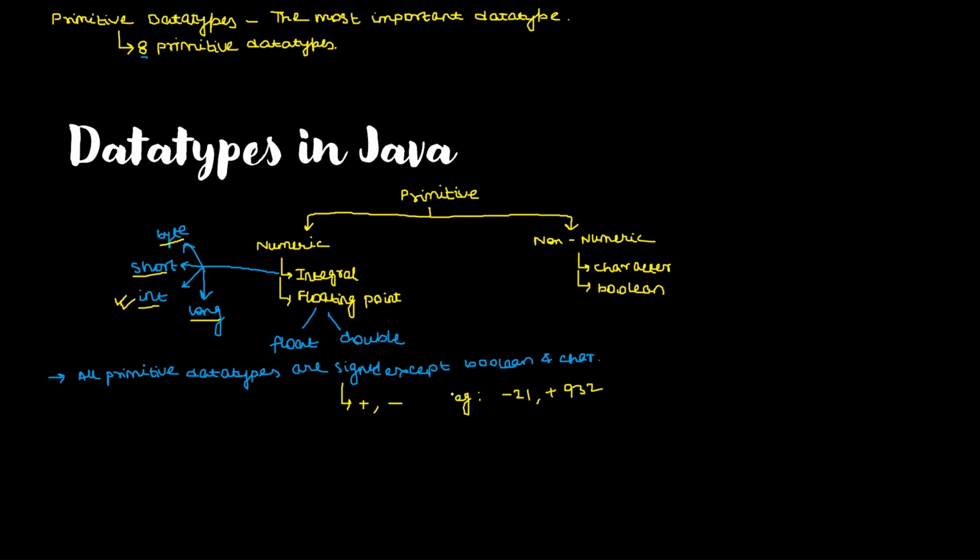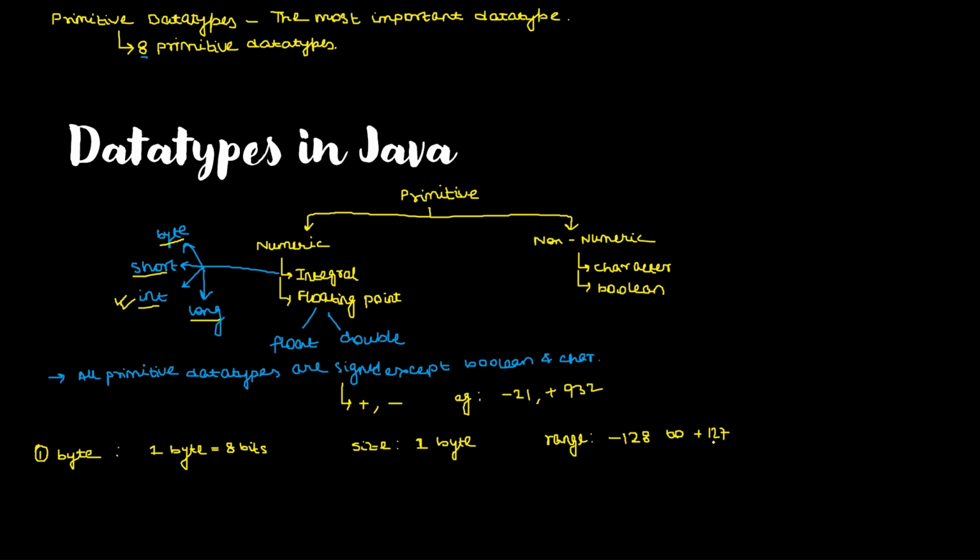Now let us discuss the byte data type first. You must have heard that one byte is equal to 8 bits. Simple calculation, bit manipulation, and this is really simple. So for a byte data type, the allocated size in Java is literally 1 byte. And the range of numbers that you can store into the byte data type is from minus 128 to positive 127.